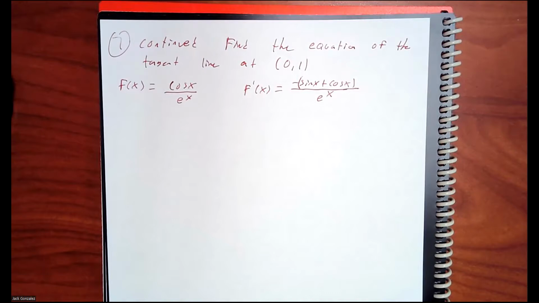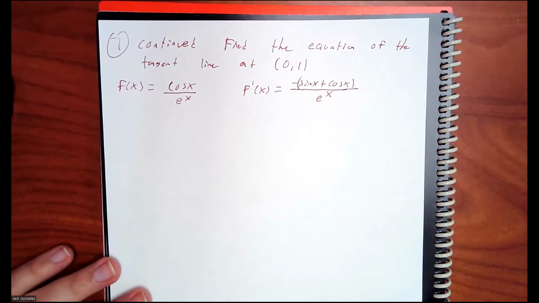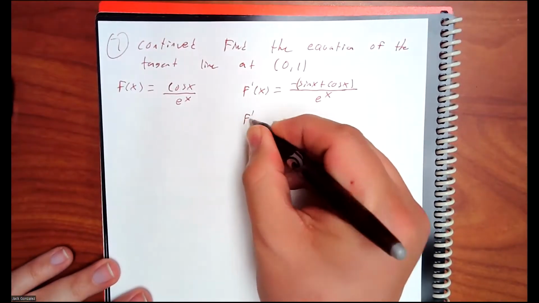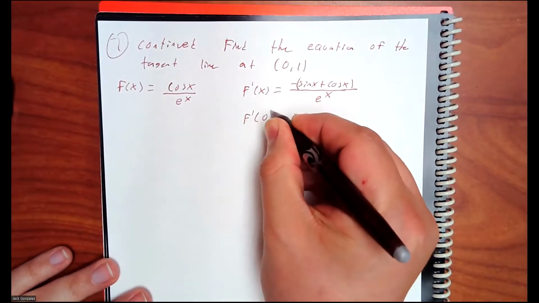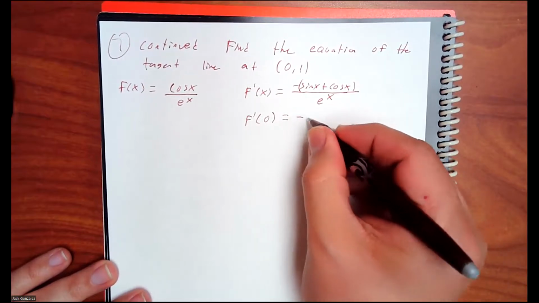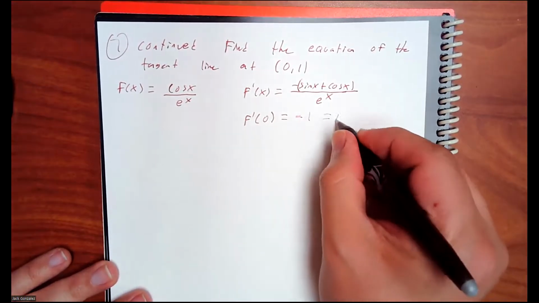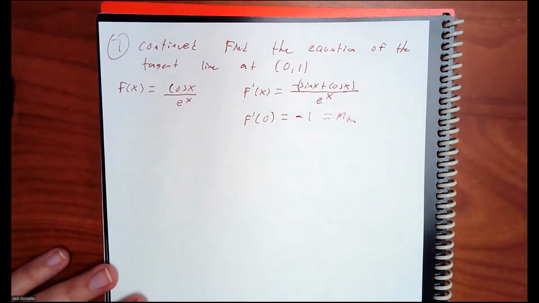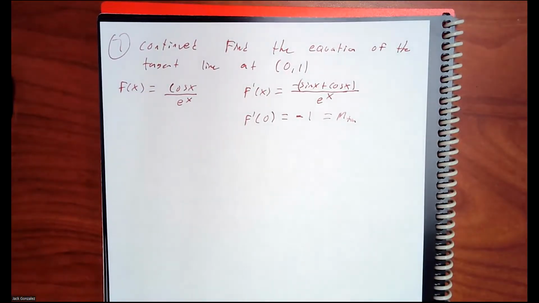Last time it was easier, right? Same stuff though. We plugged in the 0 and we found it to be -1, right? This is the slope of the tangent. So we said last time, m tan. So that's what I'm going to call it.